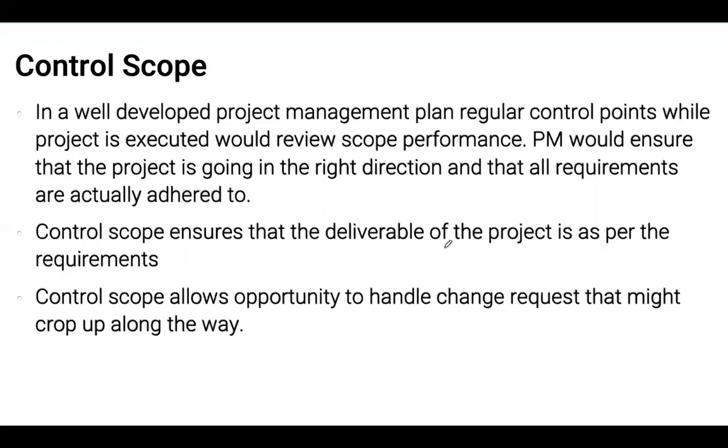Controlling scope ensures that the deliverables are as per the requirements. And if it turns out that what we're doing is not satisfying the requirements, we can raise a change request to perform integrated change control if it's needed, so that we can change the scope and deal with the change requests.